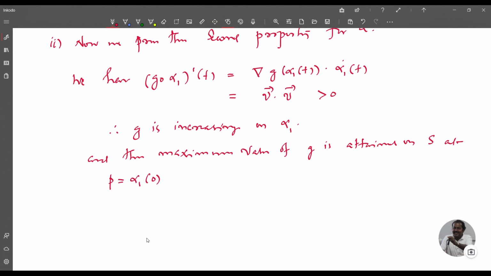Therefore, alpha 1 of t does not belong to S for t greater than 0, because the maximum value on S is at alpha 1 of 0. So g is increasing on alpha 1. So alpha 1 of t does not belong to S for t greater than 0.